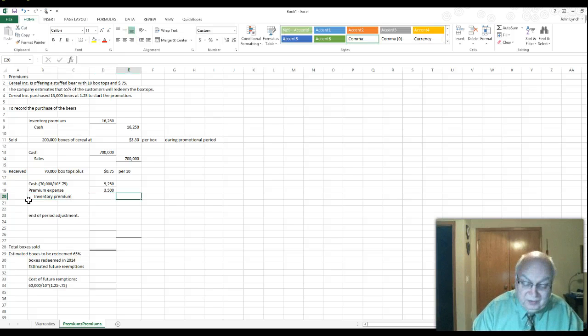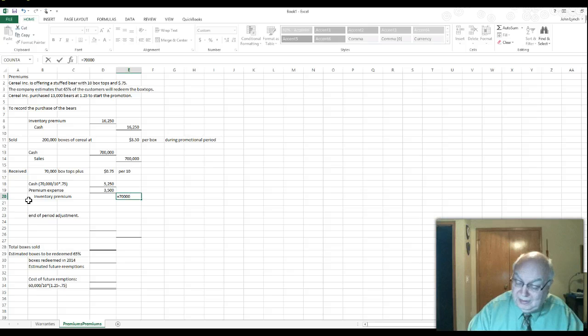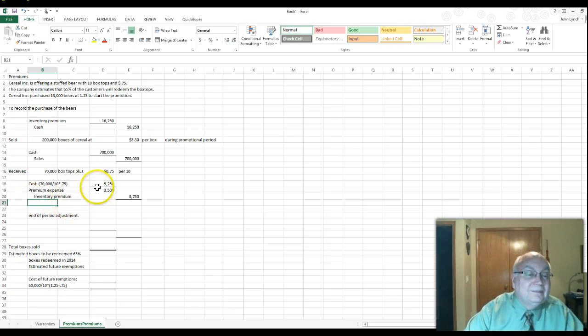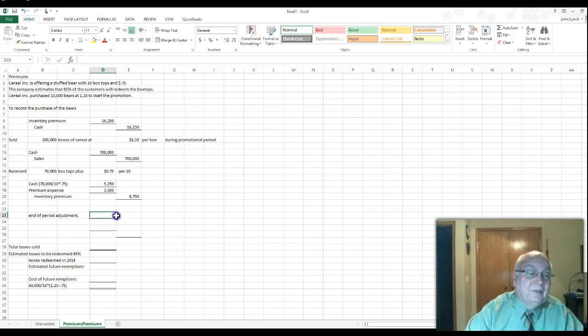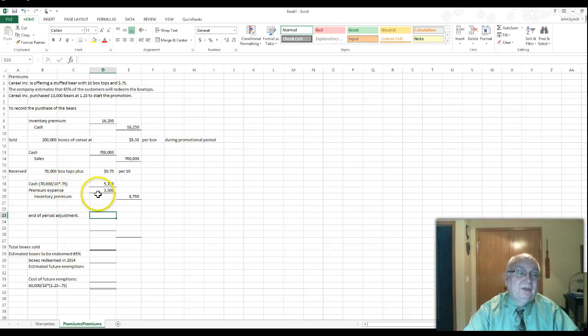That takes it out of inventory. Again, that's equal to the 70,000 divided by 10 times $1.25, which equals $8,750. So everybody's happy. That's how you would do this when you receive the box tops.